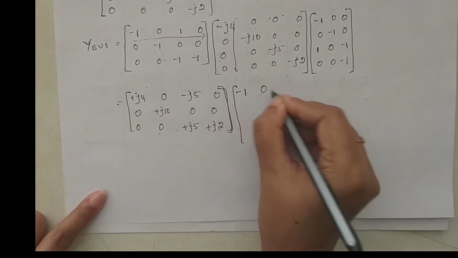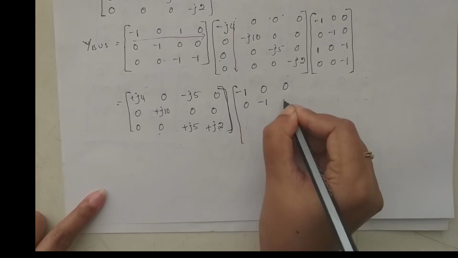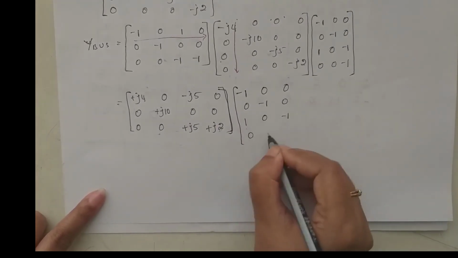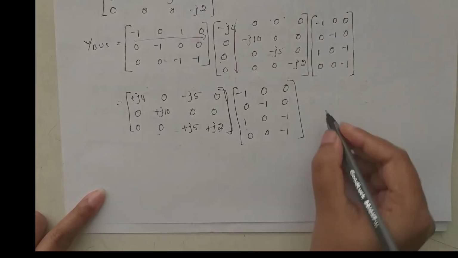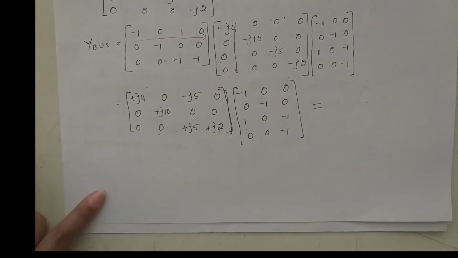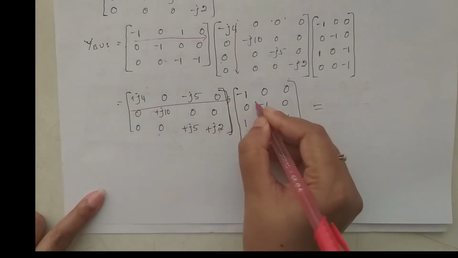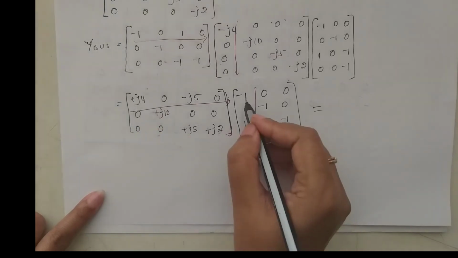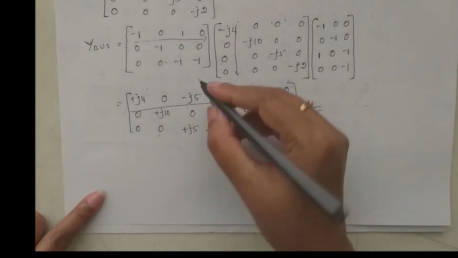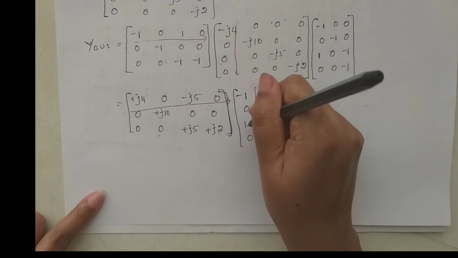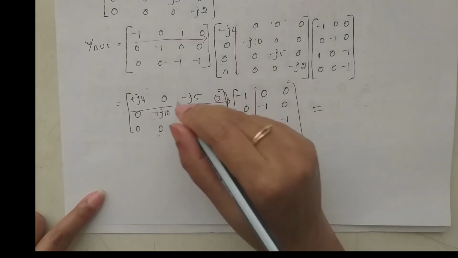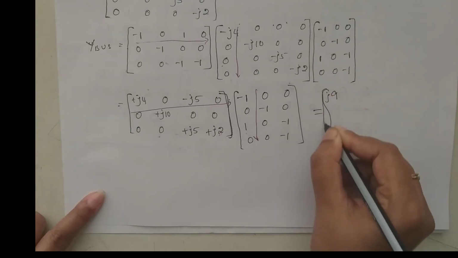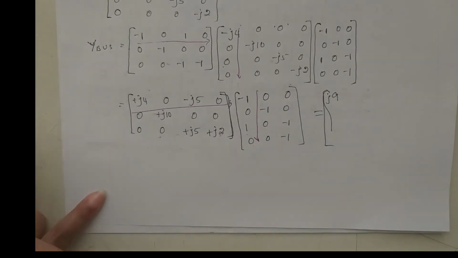the matrix minus 1, 0, 0; 0, minus 1, 0; 1, 0, minus 1; 0, 0, minus 1. Now take the first row and first column: 4j into minus 1, and minus 5j into plus 1, it would be j9.